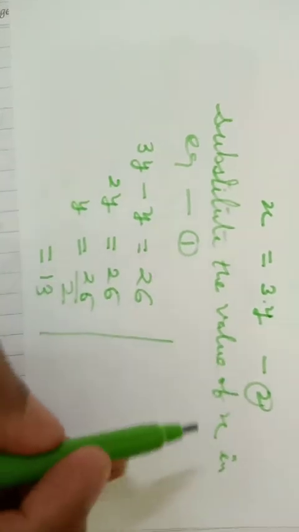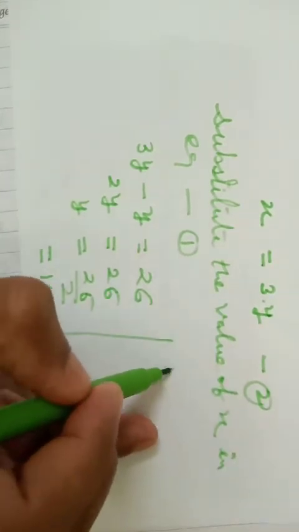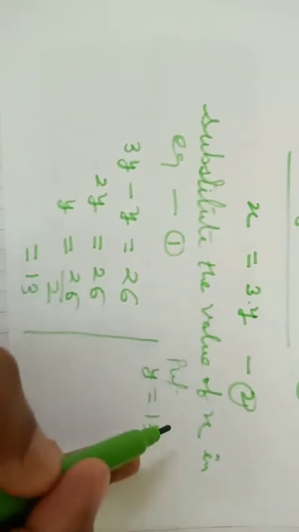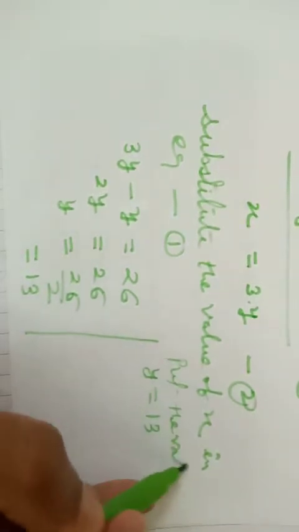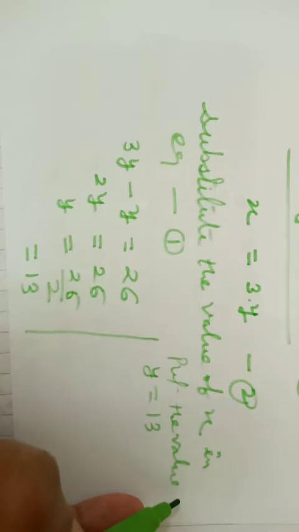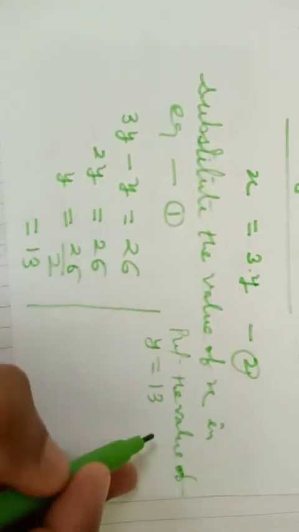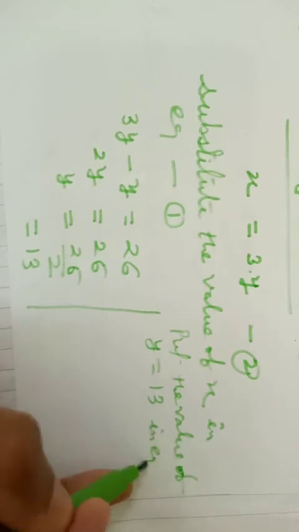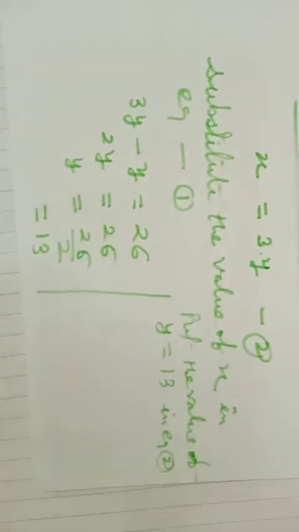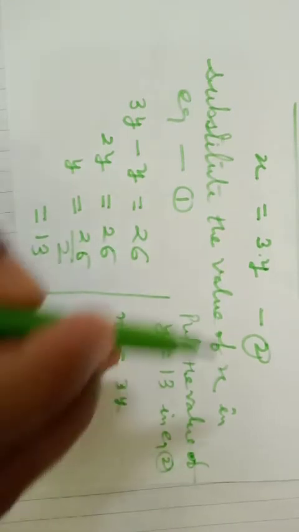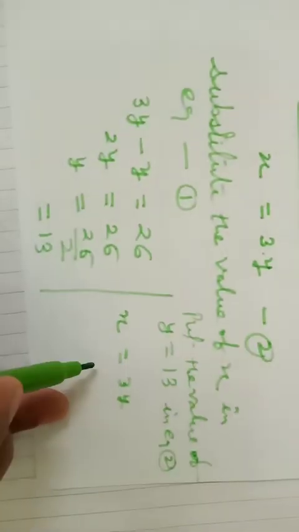Now y is equal to 13. Put the value of y, 13, in equation number 2. Equation number 2 is x is equal to 3y.